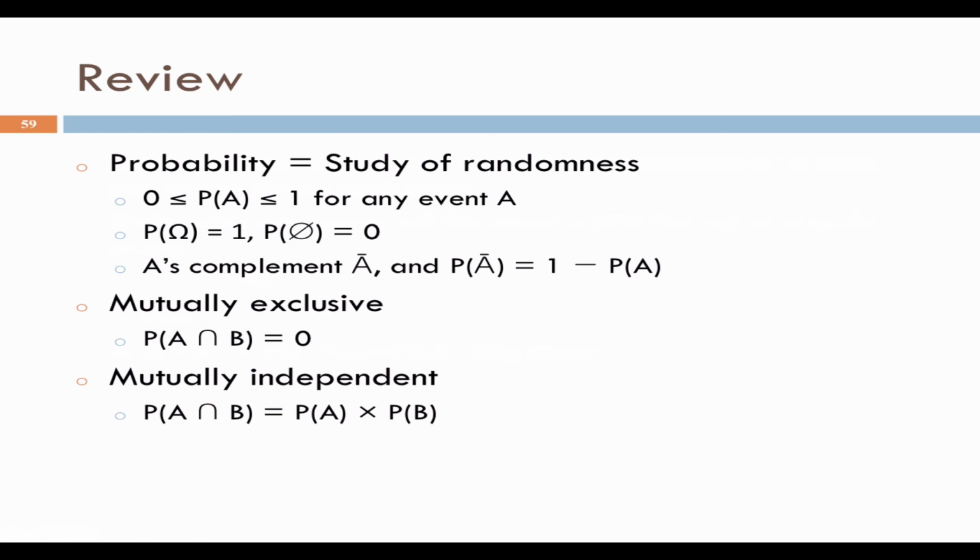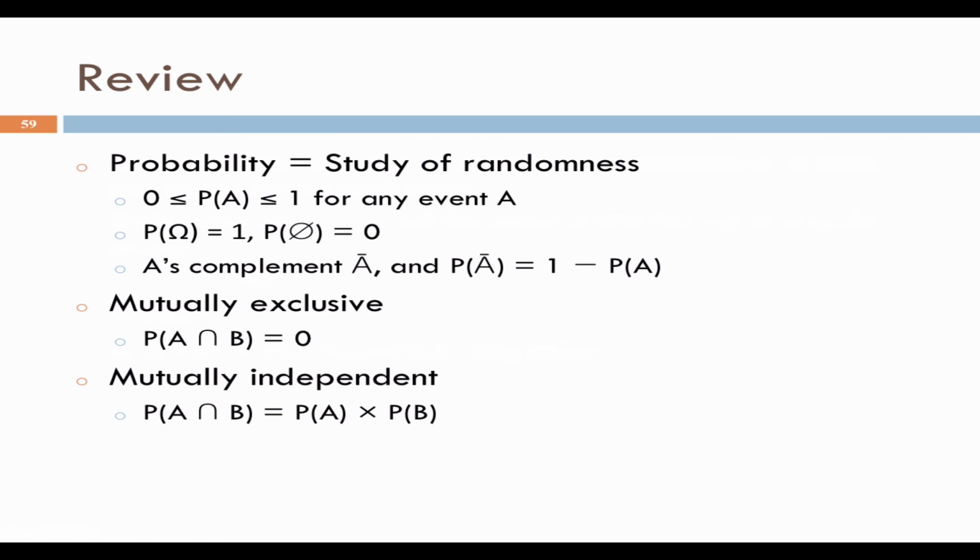Okay, so we have finished all the concepts that we want to introduce today. Remember, we talked about probability. Probability is a quantity that quantifies randomness, or the likelihood of any event happening. So it's the study of randomness. And then there are several basic rules of probability.